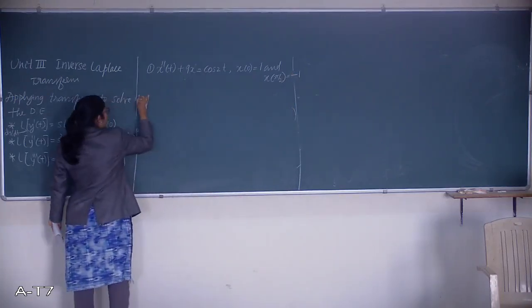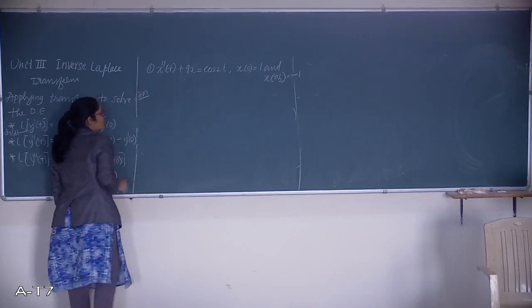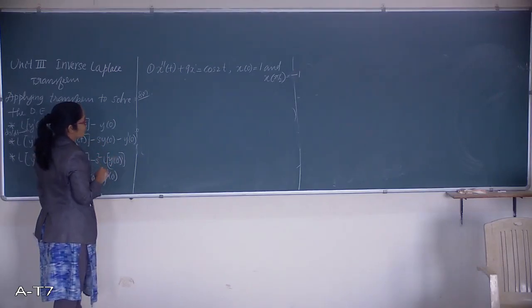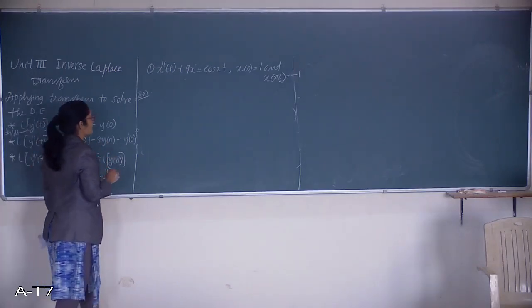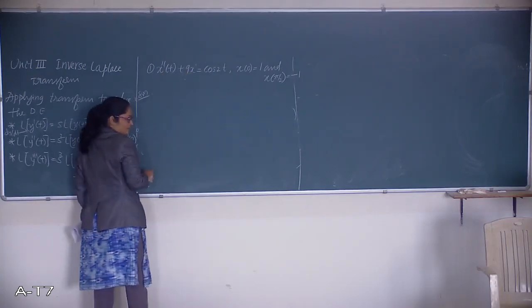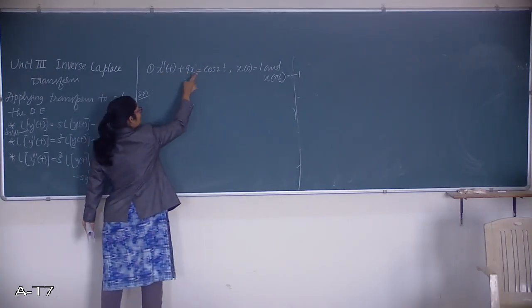The point to be noted is that when you observe this example, it is not in the standard form. Means directly as it is, we can't apply this set of formulas. The reason is, after x double dash of t, x dash of t is absent. After that, direct x of t is there.